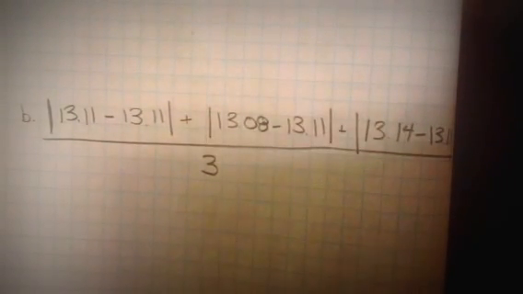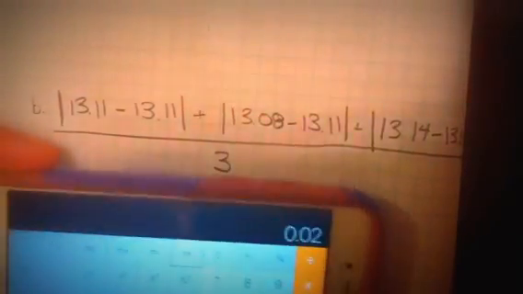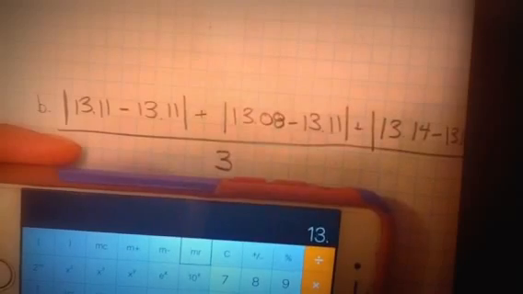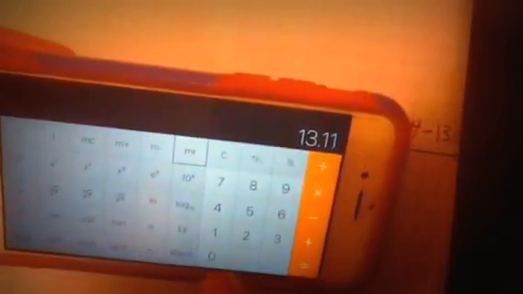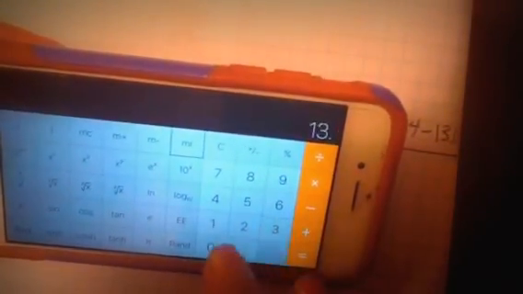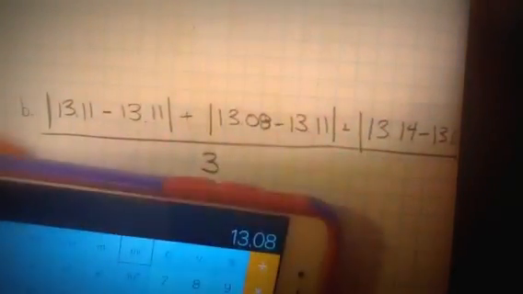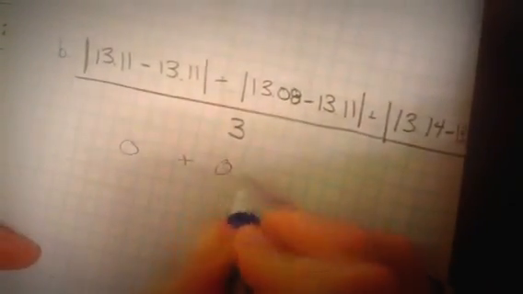I'm going to scoot that over and try my best to squeeze it in there. So we end up with 13.11 minus 13.11, which is 0, plus 13.08 minus 13.11, so the absolute value is 0.03.